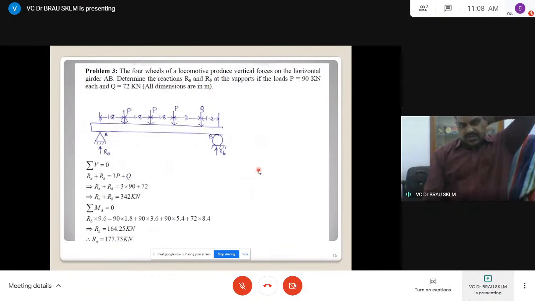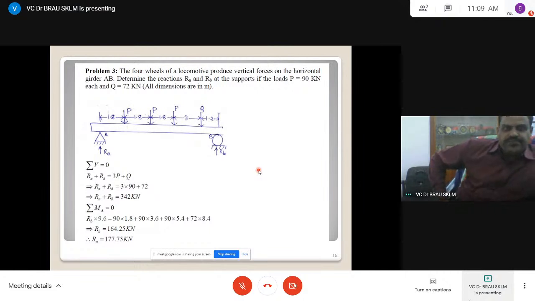Now let us see, these are like parallel forces, but not all are of equal magnitude. P's are equal, but Q is not equal. The distances are given. This is a simply supported beam with a little bit of overhang.